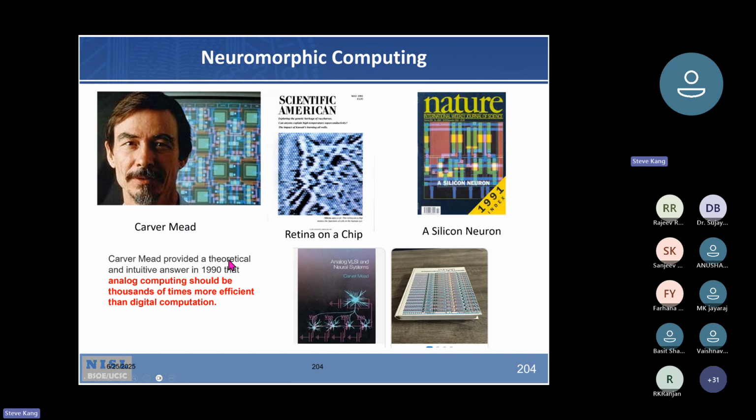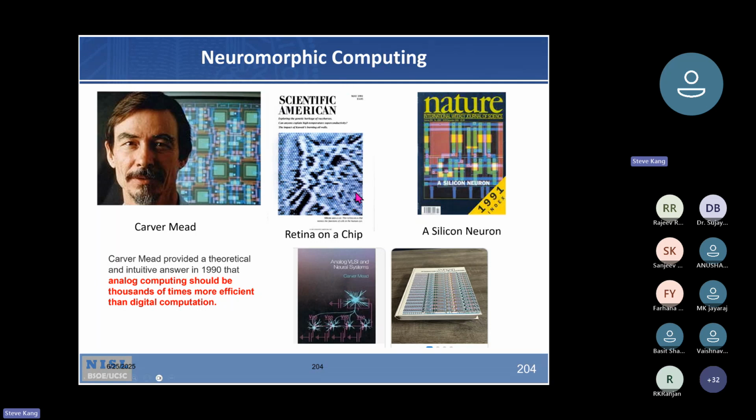He provided a theoretical, intuitive answer in 1990 that analog computing should be thousands of times more efficient than digital computation. So that's the beauty of analog computation, especially the memristor's role in matrix multiplication in analog fashion, for instance.